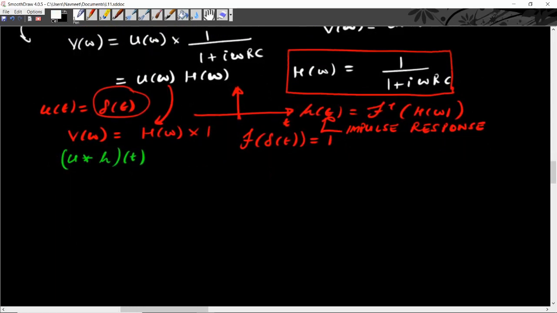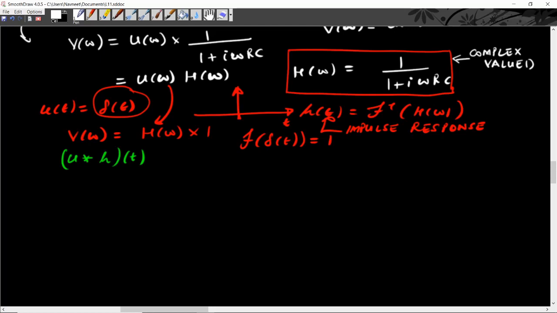So one thing to note is that for this RC filter, unlike our moving average filter or the ideal low pass filter, in this particular case the transfer function H of omega is complex valued. So multiplication in frequency domain is going to change the phase of the signal along with the amplitude.